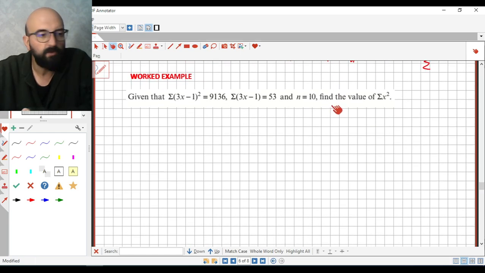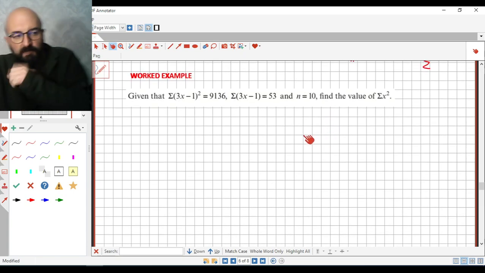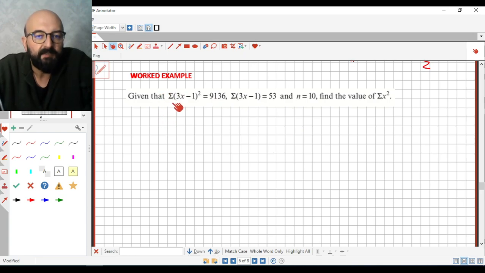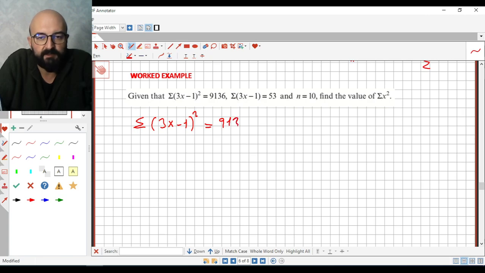Okay, and I want to do one more question because I have 5 more minutes. Given this, find the value of x square. Now, we know the sum of (3x minus 1) square is 9136, the sum of (3x minus 1) is 53, and n is 10.